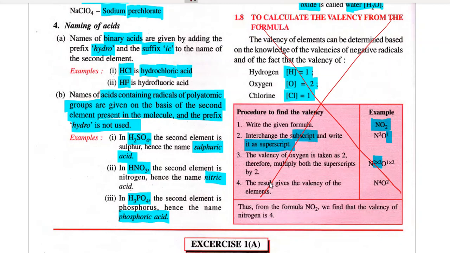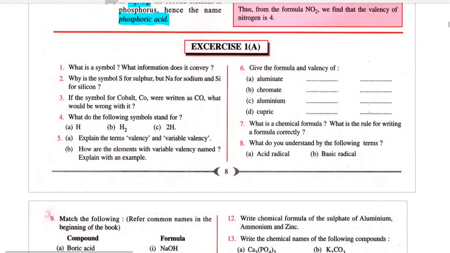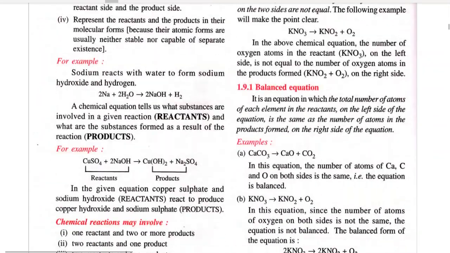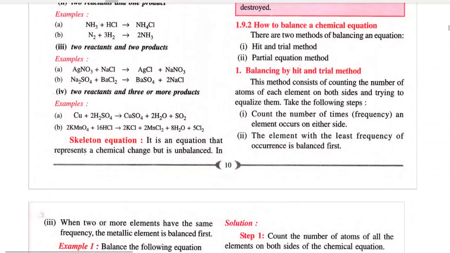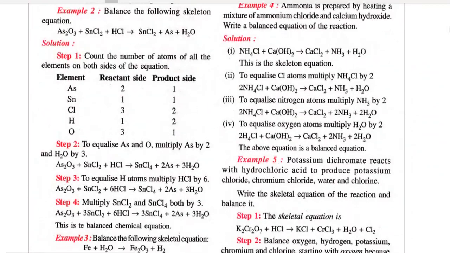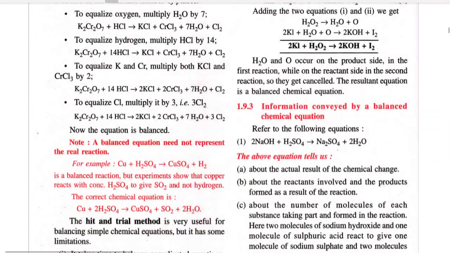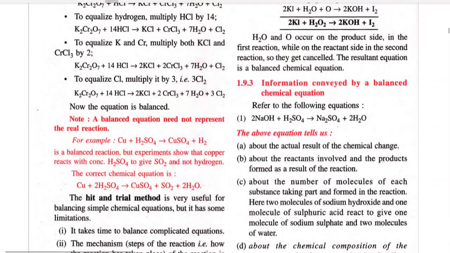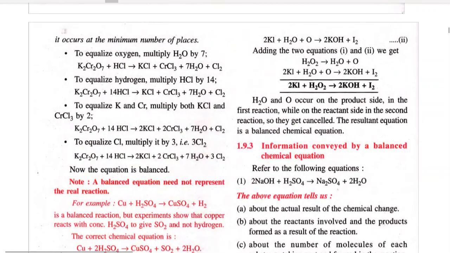Okay, so what we have done over here is we have completed the first part. I'll send you Exercise 1A, and then in the next video, maybe tomorrow or day after tomorrow, we are going to start with chemical equations, balancing the chemical equation, and the partial method for balancing the equation, or hit and trial method.